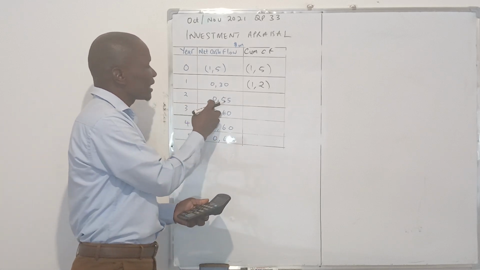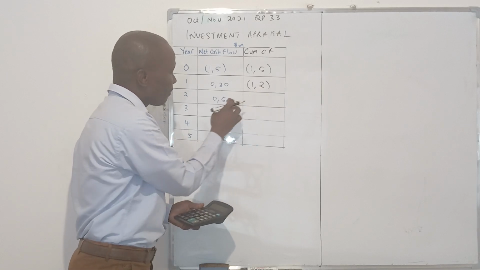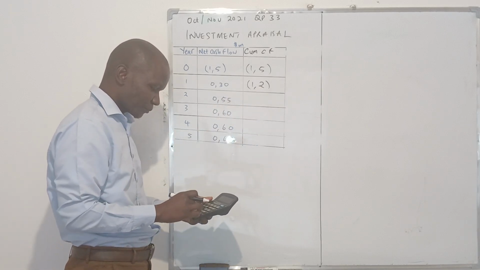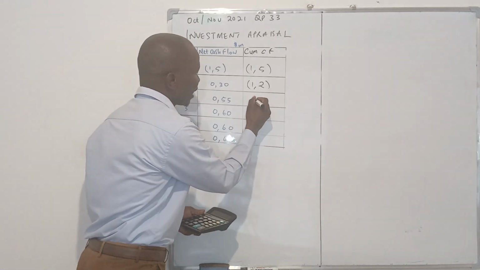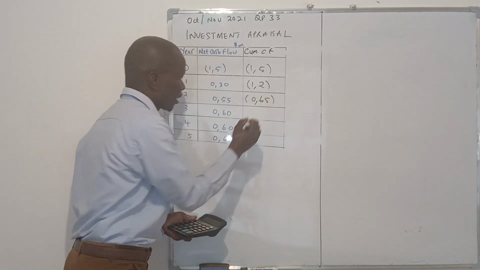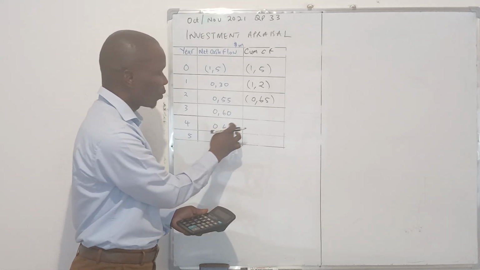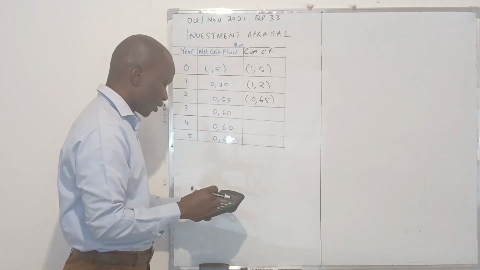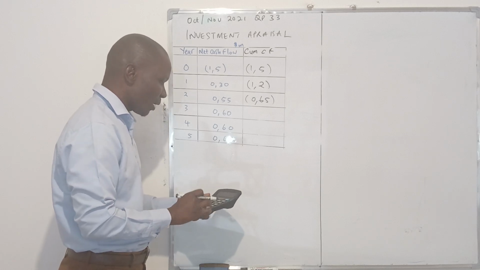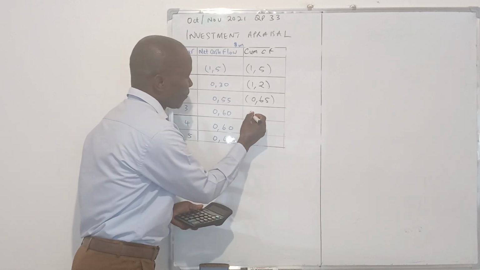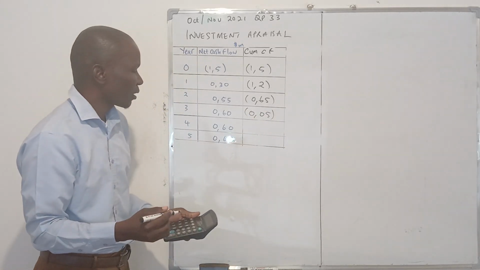In year 2, it brings us 0.55. So again, 1.2 minus 0.55, that is what? It means we are now left with 0.65. In year 3, the project brings us 0.60, which means now we are left with how much? 0.65 minus 0.60 gives you 0.05, still to be paid.